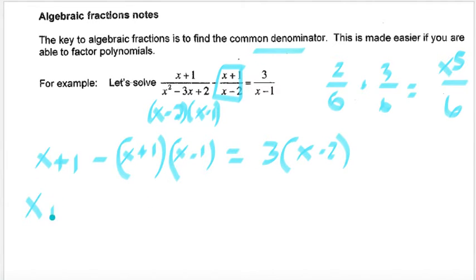x plus 1 minus, you may want to click pause and figure this out on your own, but I'm going to distribute the x times the x, and the x times the negative 1, and the 1 times the x, and the 1 times the negative 1. Anyways, that whole mess comes out to x squared. The middle term, actually, you get minus 1x plus 1x, so it comes out to 0.